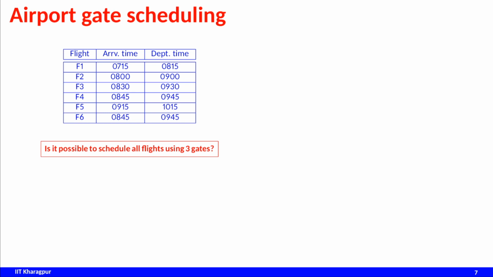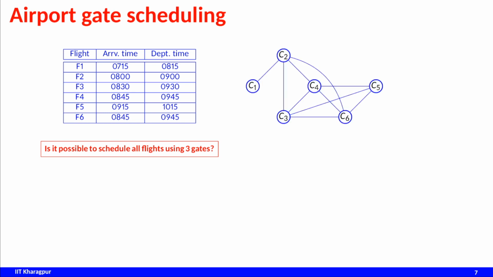That is the question. Now what we can do here, again, is go ahead with a similar approach to the earlier problem, and we can construct a conflict graph, something like this one. If we have 6 flights, we have arranged them like this. I have written them c1, c2, c3 and so on. Now if two flights have overlapping timing, then they cannot be scheduled on the same gate.